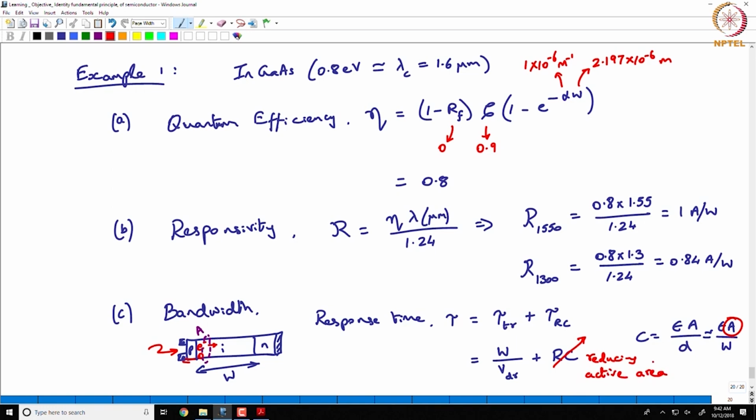By reducing the active area, you can neglect that part. So area A, which one are you considering? Area A is the area of cross section across that junction. So that's actually the area of the facet, right? This facet from which light is entering.